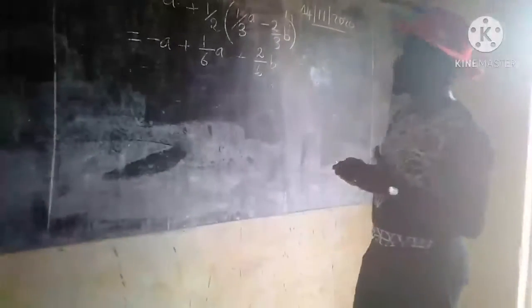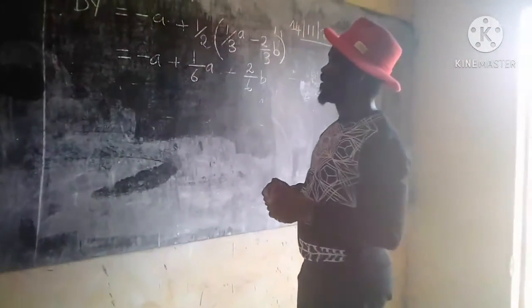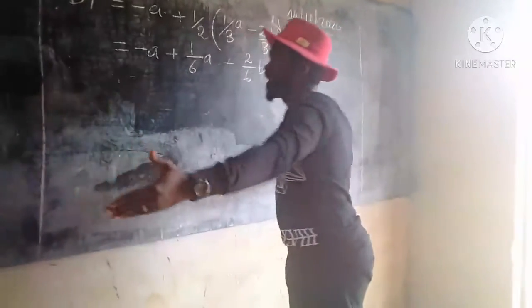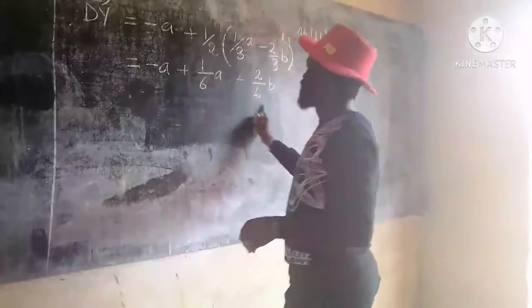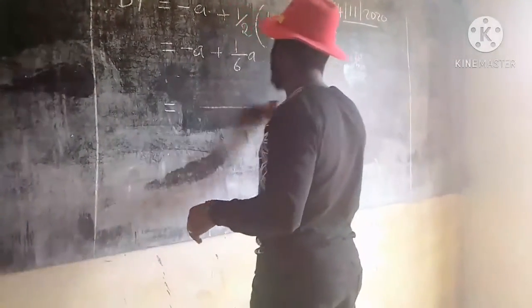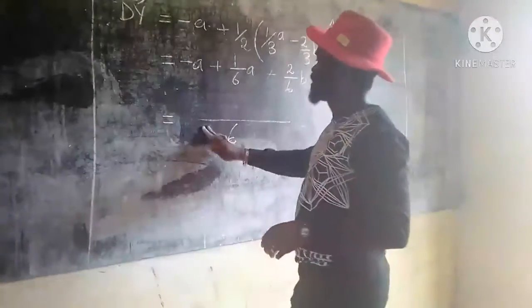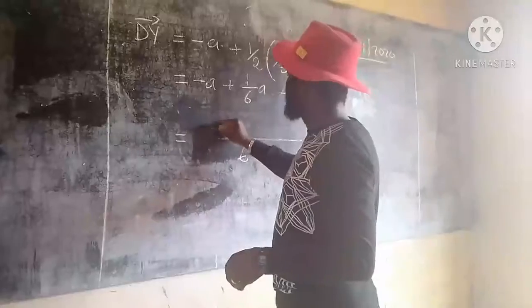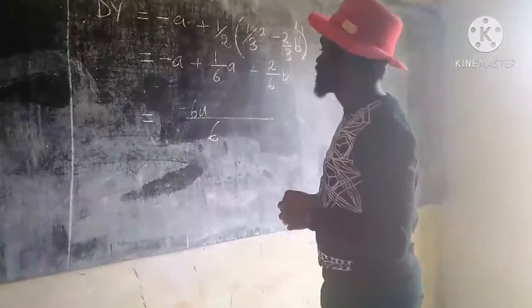Collect like terms together. If you collect the like terms together, or you simply work all of these together, you're going to have what you need. Your LCM here will be what? 6. So if that is the case, you take your LCM to be 6. Then you are going to have minus 6a, right?